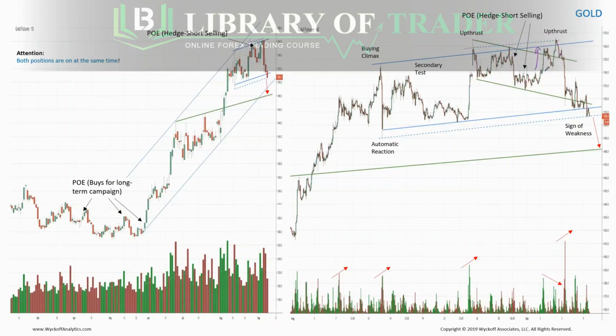And then again, guys, because you are more advanced here, I'm going to show you a different test, right? So if this was the attempt to go up, this could be considered a test that happens as a higher high, but on the lower demand signature. So we're seeing how demand has diminished.